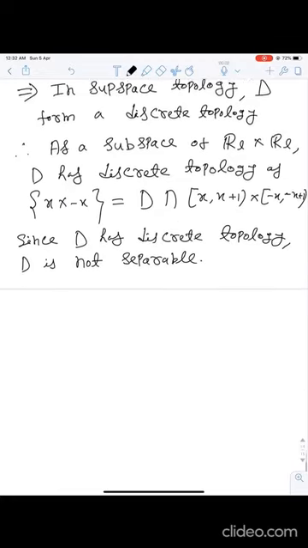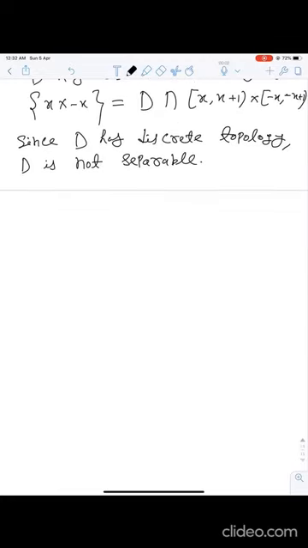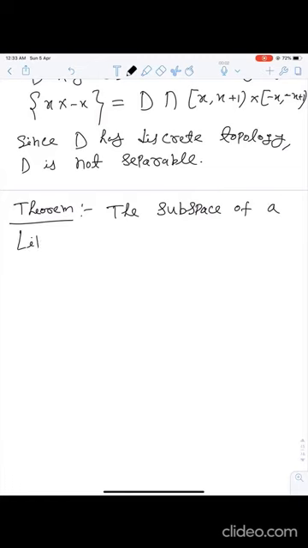Now similarly, we can prove that a subspace of a Lindelof space may not be Lindelof.